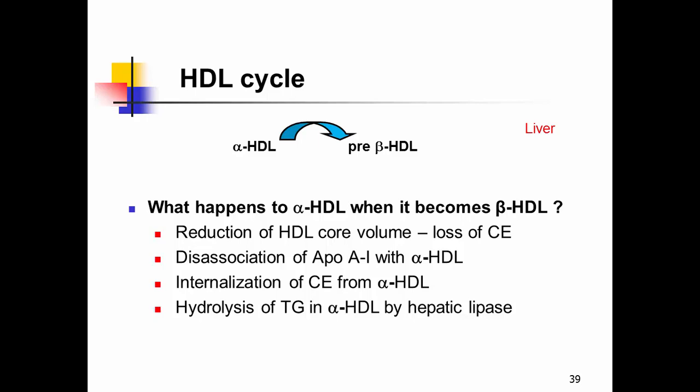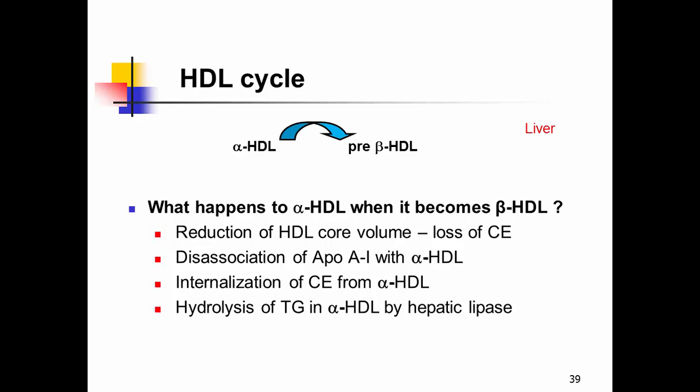So ApoA1 is gone. And the third is internalization of cholesterol esters from alpha HDL. And finally, the hydrolysis of triglyceride in the alpha HDL by the liver enzyme, like hepatic lipase. So all these things are happening when the alpha HDL is converted to beta HDL.